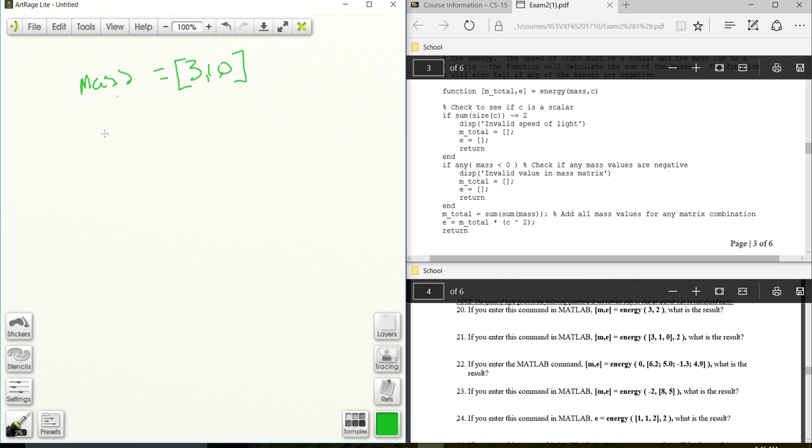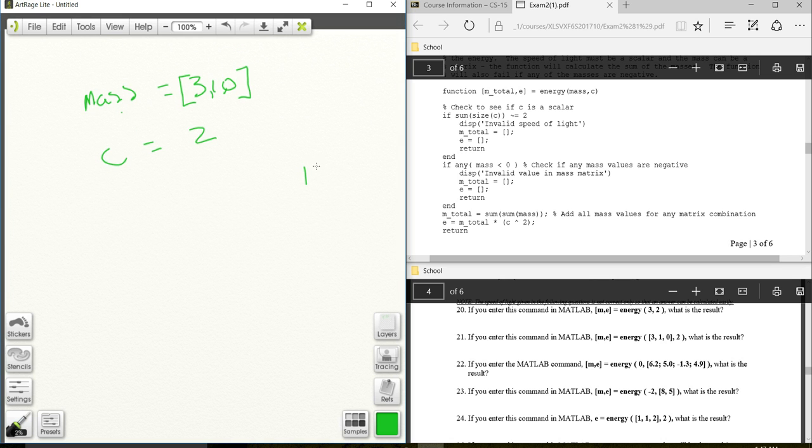And then we know that C is equal to 2 again. And so we check this if statement. If the size of C is not equal to 2, well, it is. This is a 1 by 1 again. And the sum of the matrix 1 comma 1 is equal to 2. So we're good. It bypasses this.